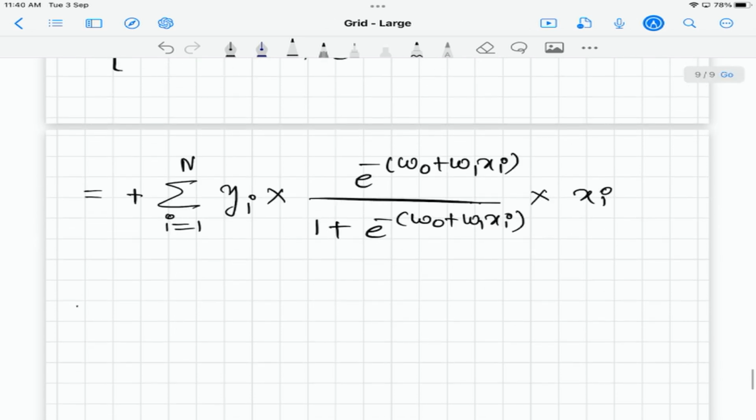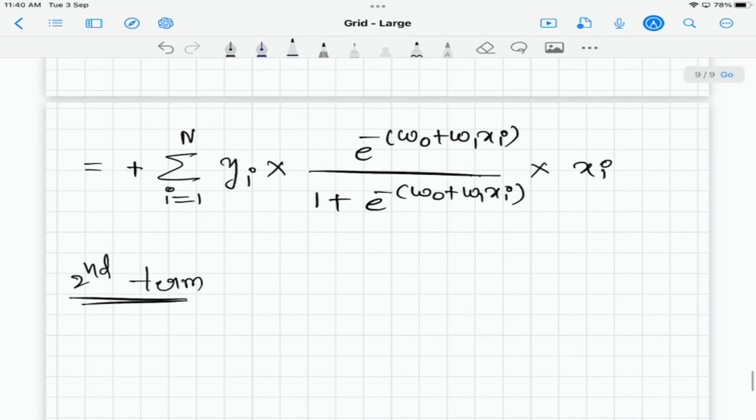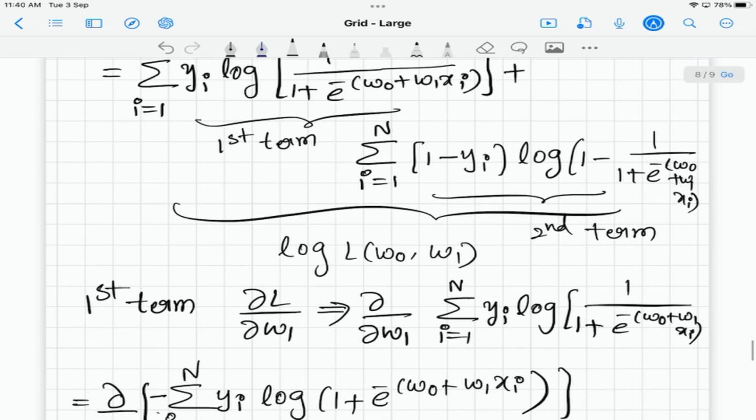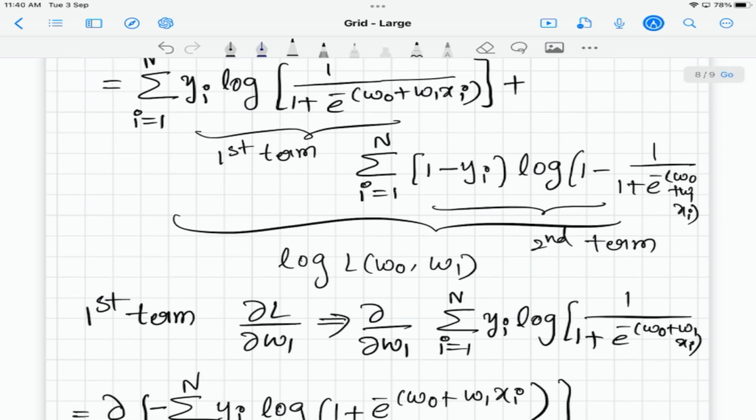Okay, so then can you do it for the second term? Second term is this.